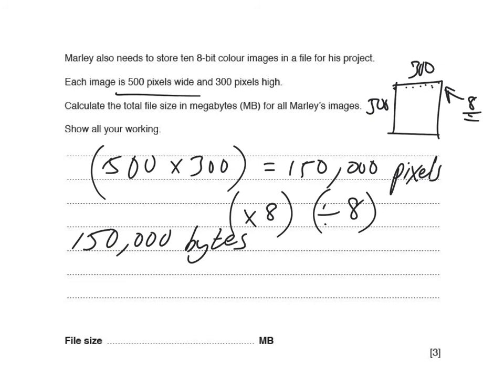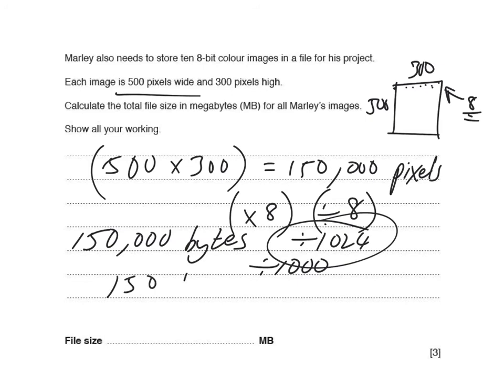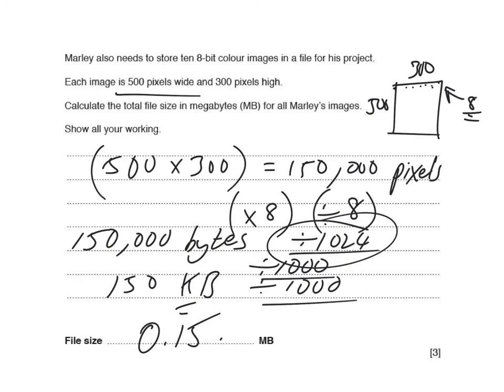Now really we would divide by 1024, but it's okay in the exam to divide by 1000 to estimate, which is going to give us 150 kilobytes, which we would then divide by 1000 again, which would give us our final answer of 0.15 megabytes, which is much easier than dividing by 1024. So for the exam, just use 1000 to estimate the answer.